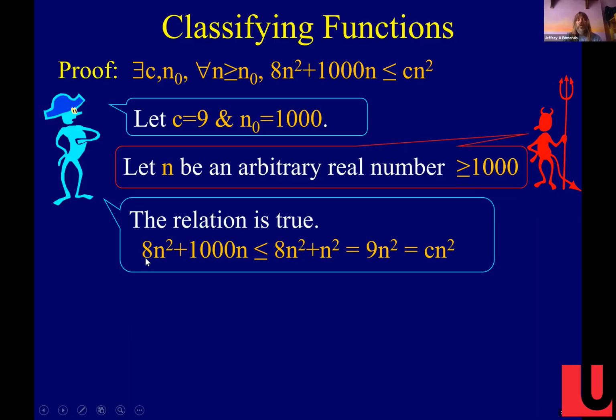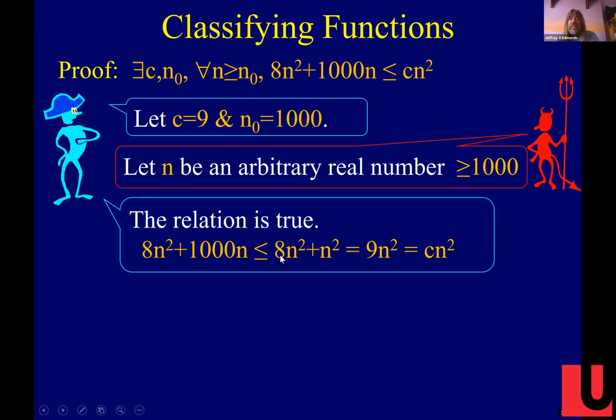Well, the running time is 8n squared plus 1,000n. That is less than or equal to 8n squared plus n squared. Why? The 8n squared we just got there. Because n is bigger than 1,000, 1,000 times n is smaller than n times n.